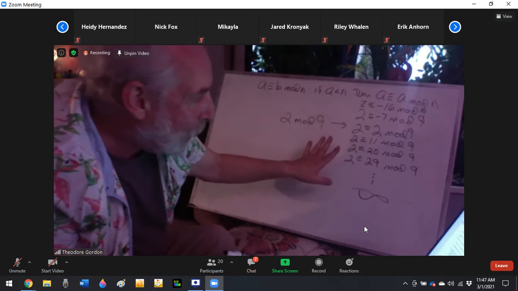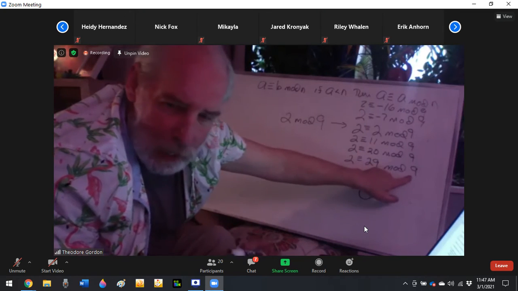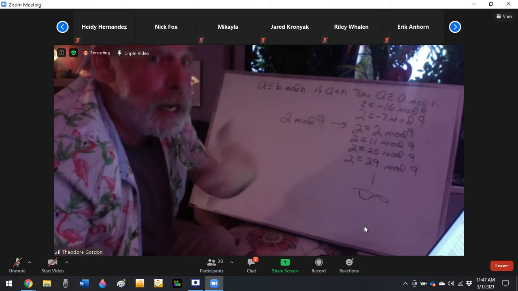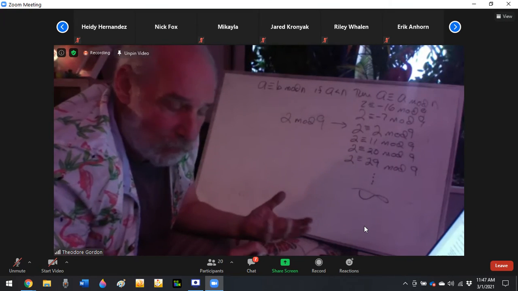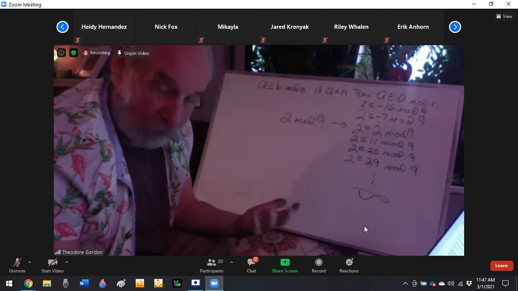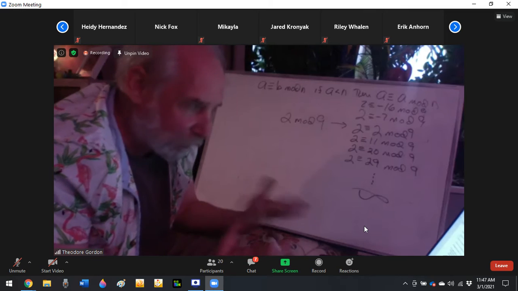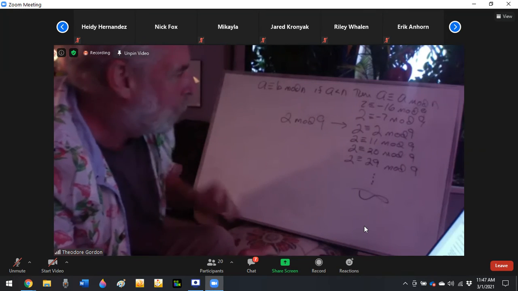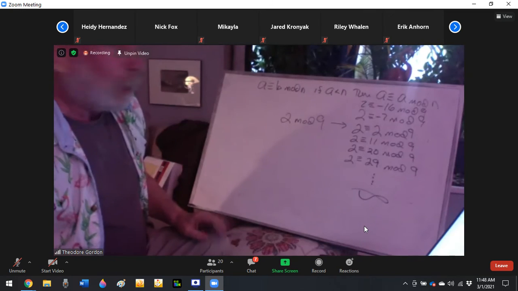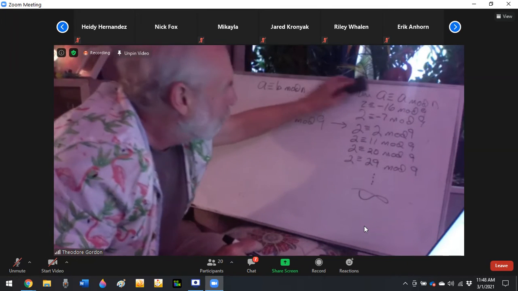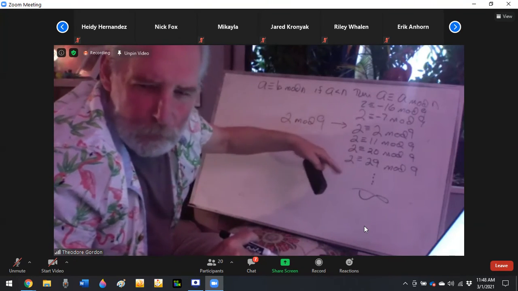It's the fact that in the world of mod 9, we can represent the number 2 an infinite number of different ways, and that's what makes encryption schemes work. We're going to be looking at encryption schemes at some point in the near future. Okay, now I want to do something else with this. That's just a little pattern to look at with mod.